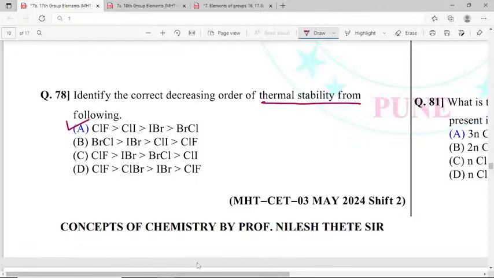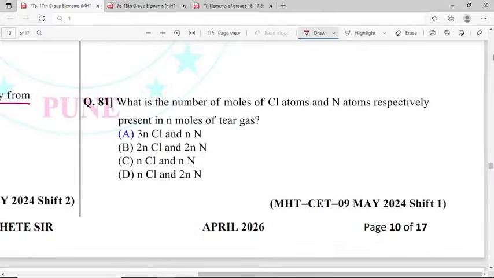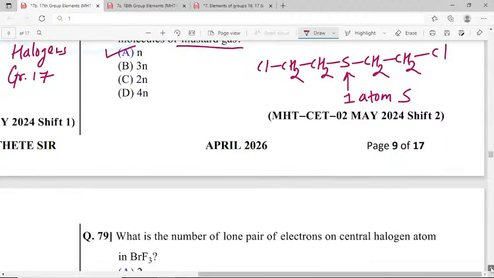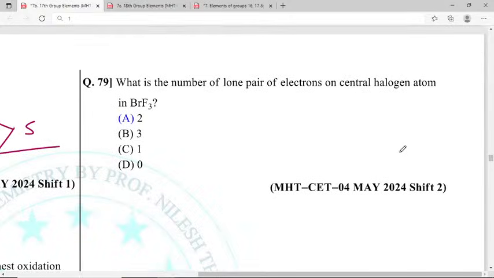Next question. What is the number of lone pairs of electrons on the central halogen atom in BrF3?